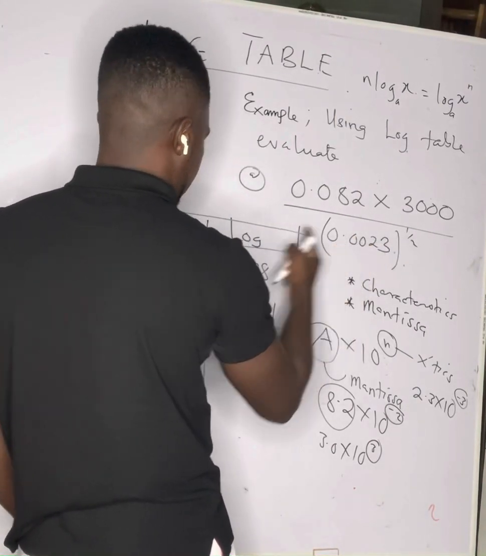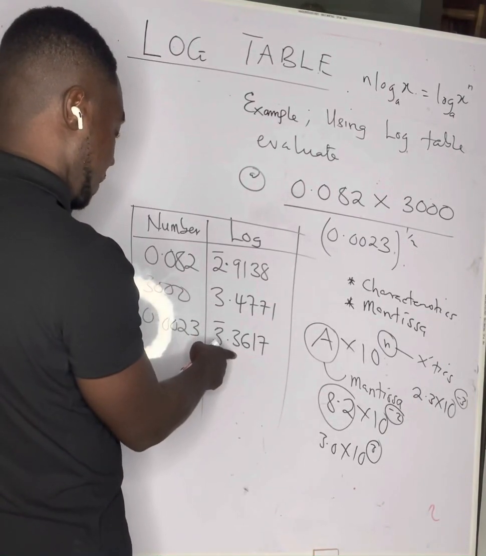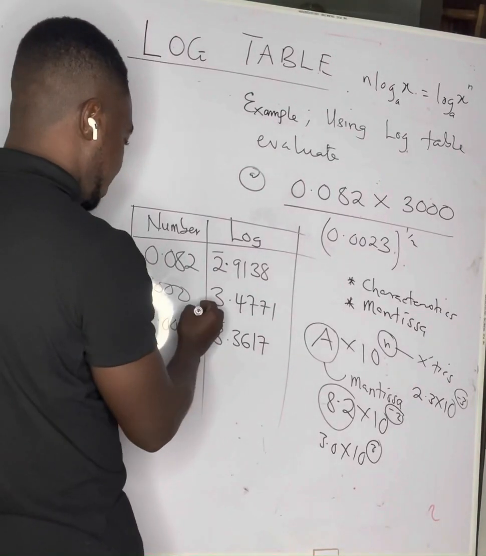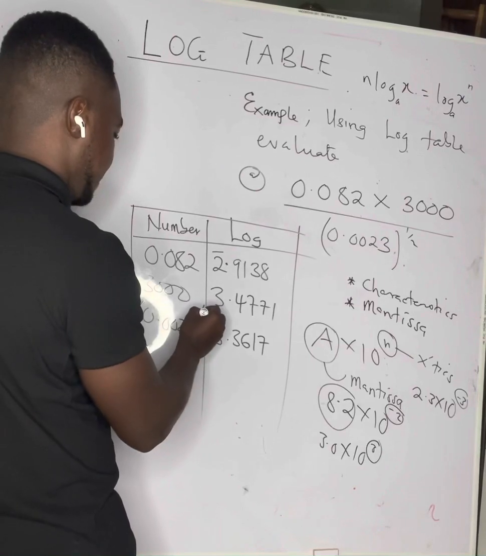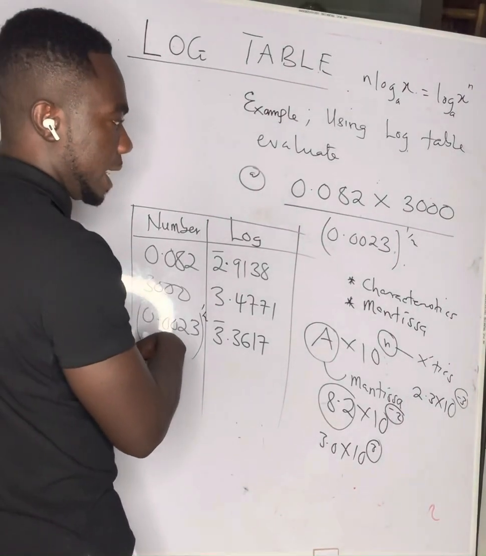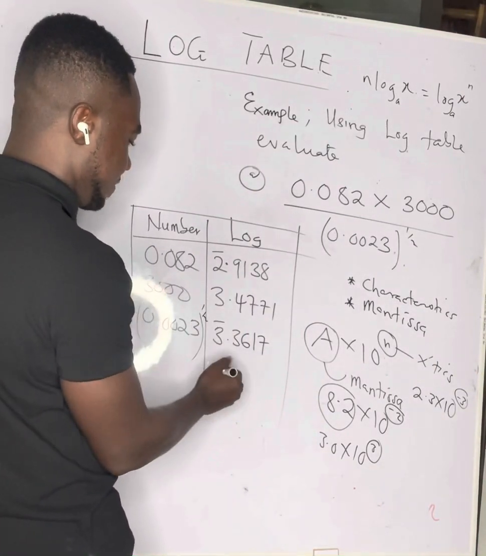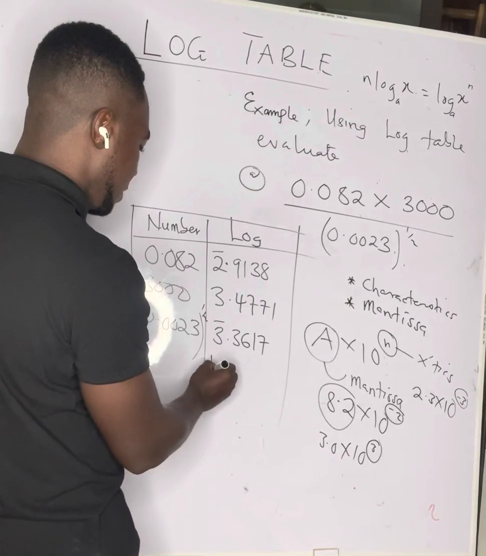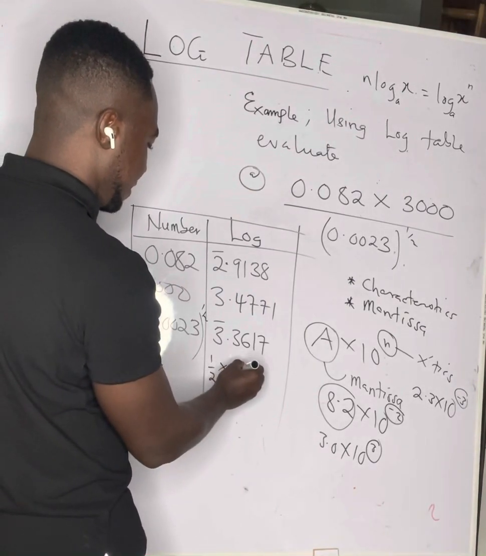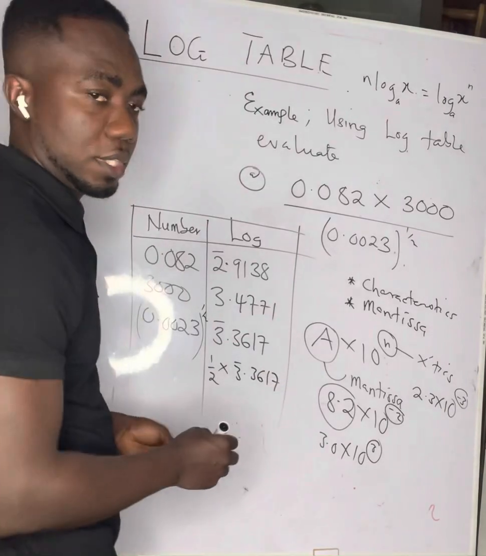Meaning when it comes to the table, this value here has an exponent on it, which is half. And the half, from the properties of log, should multiply the number. So the half will be multiplying this. So you have 1/2 multiplying negative 3.3617, as you can see here.